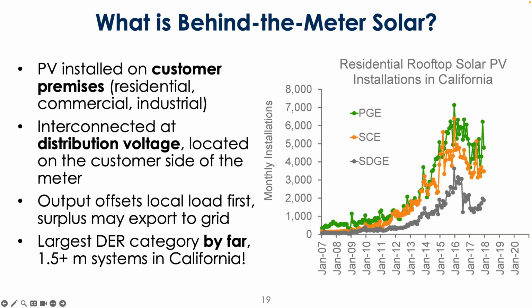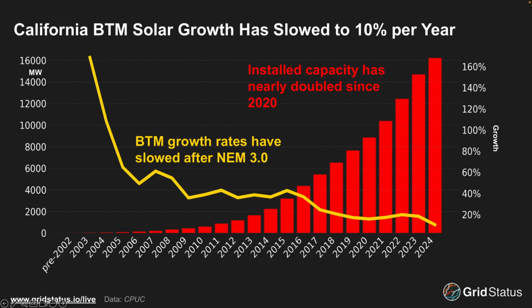That has gone up even higher in recent times, until NEM 3. Installed capacity nearly doubled since 2020, but then fell off quite sharply following the NEM 3.0 implementation.